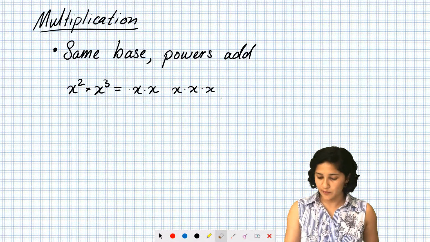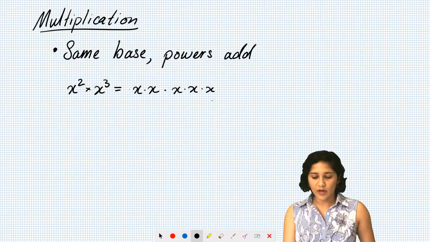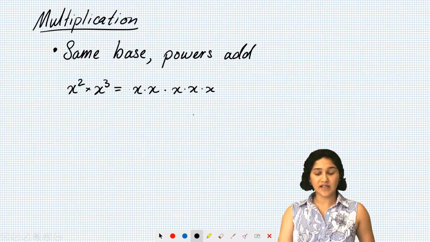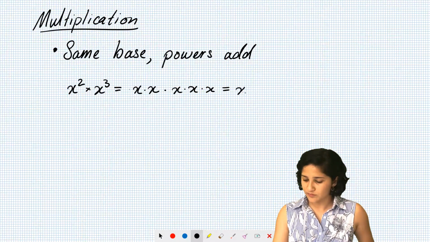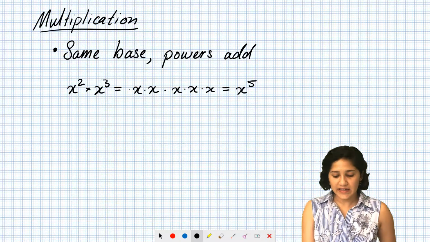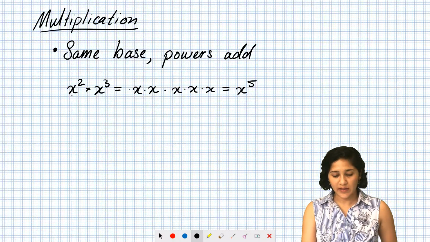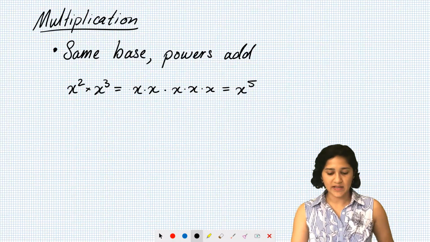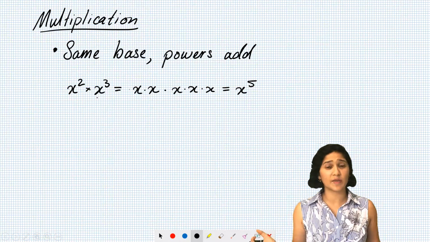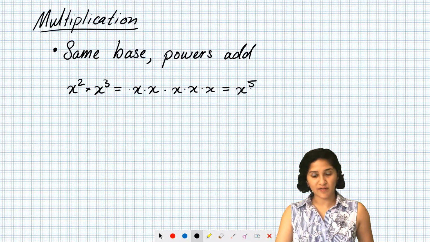So I could get rid of them and just say times here. So now I can see that this is just the same as x to the power of 5. So what happened is that the indices actually added. If I count up x times itself twice and x times itself 3 times, in total I'm doing x times itself 5 times. So it's just x to the power of 5.